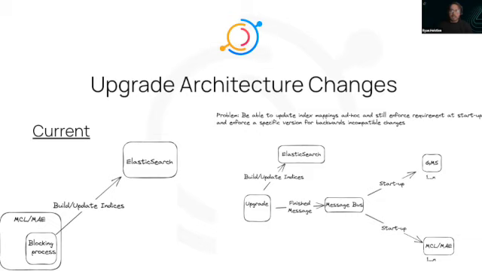So what we wanted to do was have a little bit more flexibility in providing these infrastructure level improvements, especially for larger deployments where reindexing is going to take longer. So we separated this process out into a separate upgrade job that is built on the rails of our other upgrade jobs.